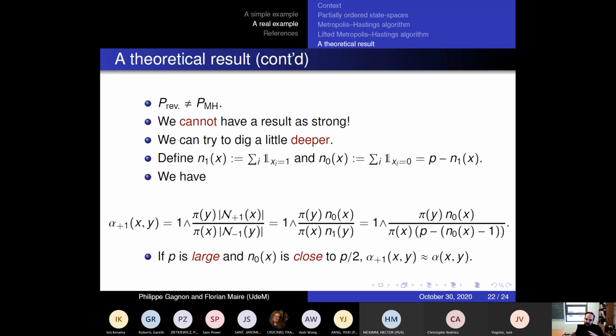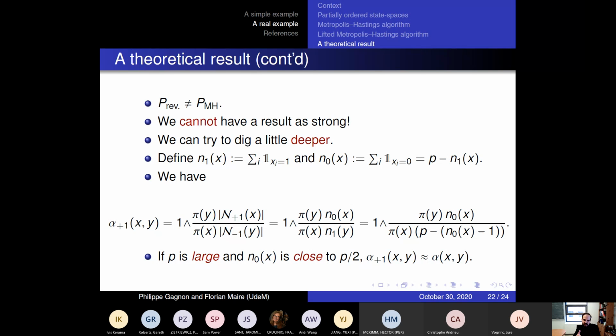So it means that if you have a Markov chain, imagine a lifted Markov chain, in this case with the uniform proposal distribution, and the mass concentrates on states such that n0 of x is close to p divided by 2, then you have a sampler that behaves like MH.